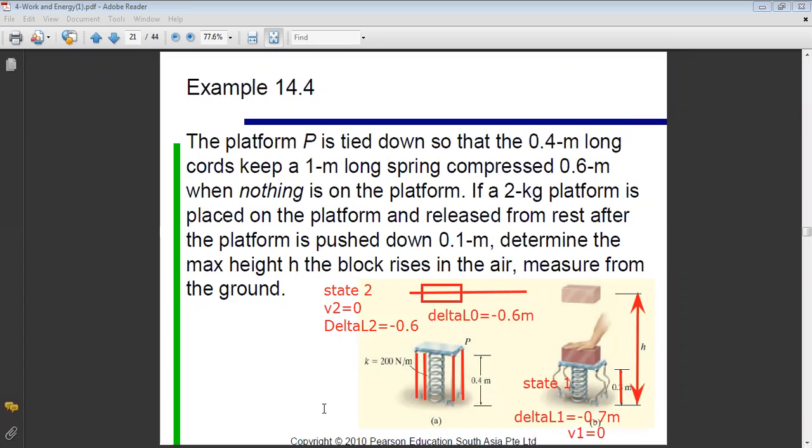So now I know the initial state, I know the final state, so I will apply the principle of work and energy. If I apply the principle of work and energy from state 1 to state 2, what can I say?